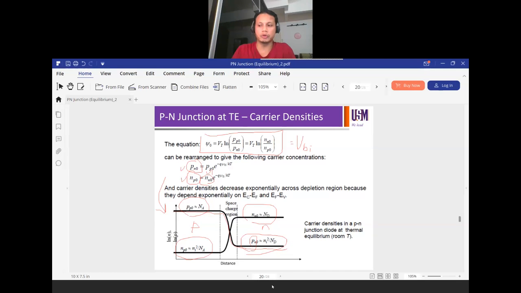But we want to know how much hole is on the right hand side. So notice that hole is the majority in P-type, and when you go to the right, hole is now the minority carrier. When you have diffusion, when you join P and N together, the hole that crosses into the N-type will be minority carrier. So we want to know how much exactly is the hole.